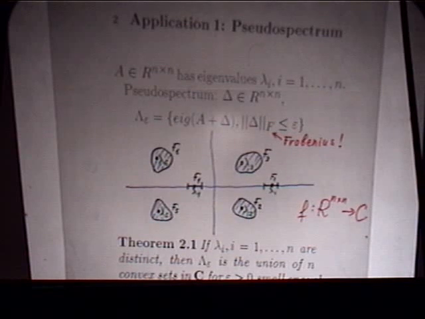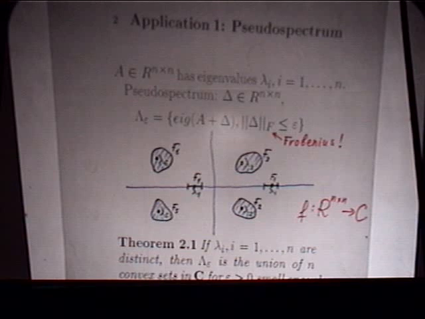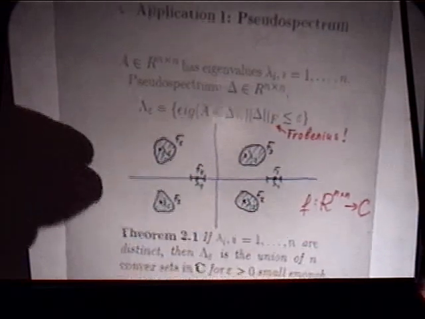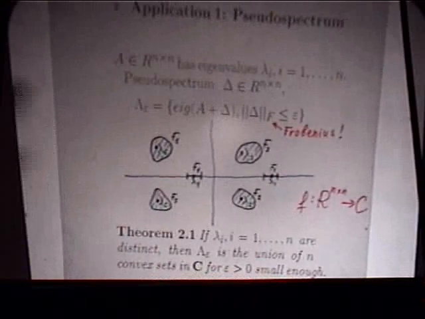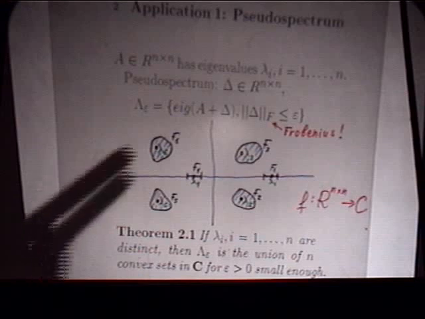Under just one assumption, that all eigenvalues of our matrix are distinct, so all of them are simple eigenvalues, we can prove by using this general result that our pseudospectrum consists of n convex sets on a complex plane.